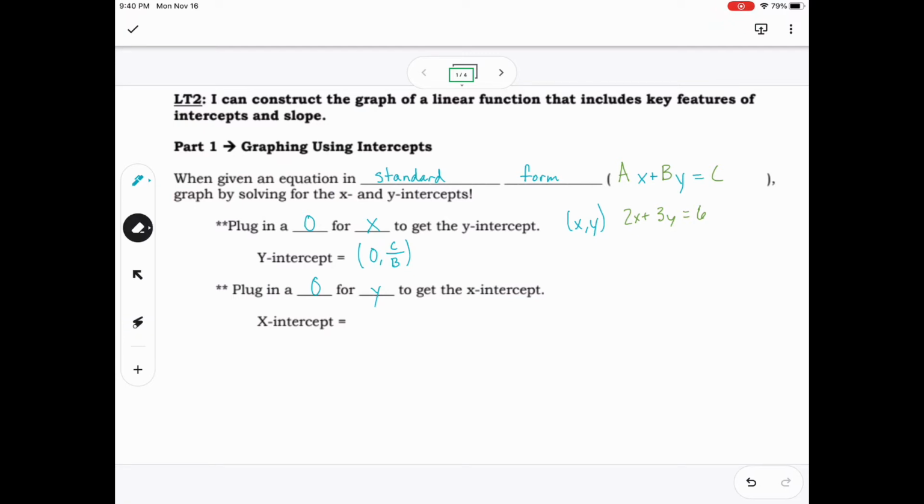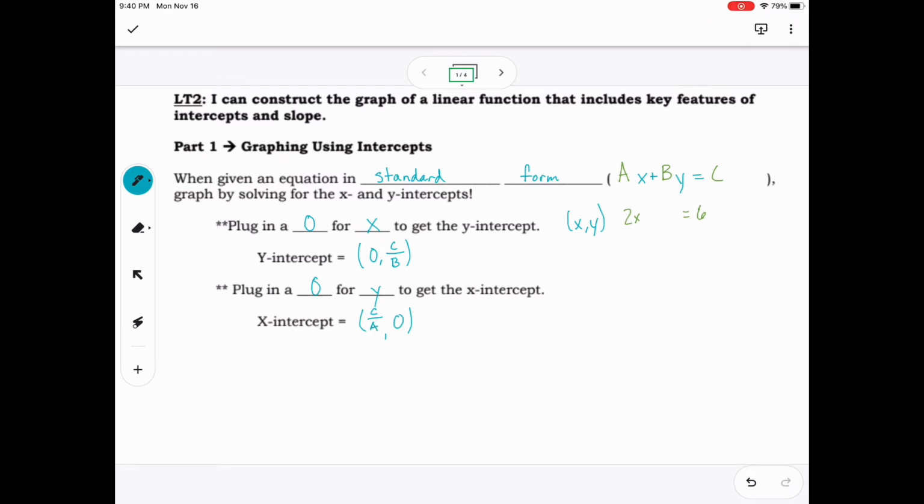So it actually makes this disappear, leaving you with 2x equals 6. And so it makes it easy to solve. So the intercept or ordered pair that you're left with is now y is going to be 0, but then it's going to be the value of c divided by a, or just a number, okay?